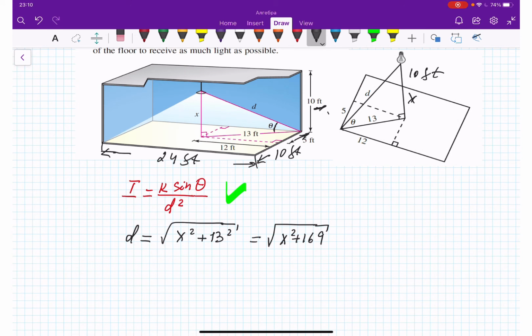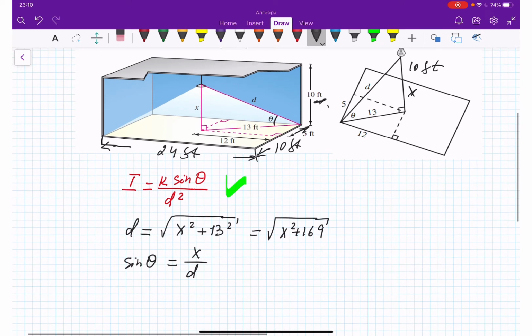Okay, sine theta is the opposite leg, the height, which is x, divided by the hypotenuse, which is d.